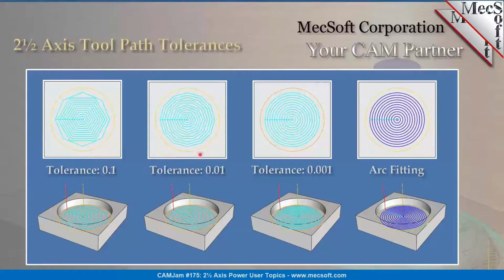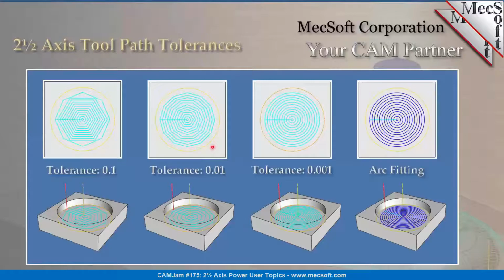As you can see from these images on the slide, the slacker the tolerance, the more deviation you will see from your actual part region or geometry, and slacker tolerance will also have larger chord segments. The tighter the tolerance, the smaller the chord segments will be, within the deviation of the tolerance that you specify.